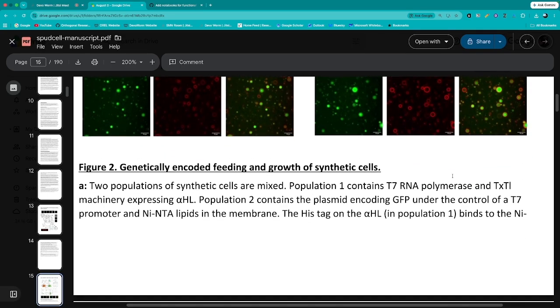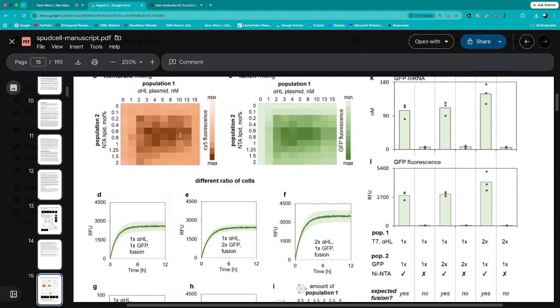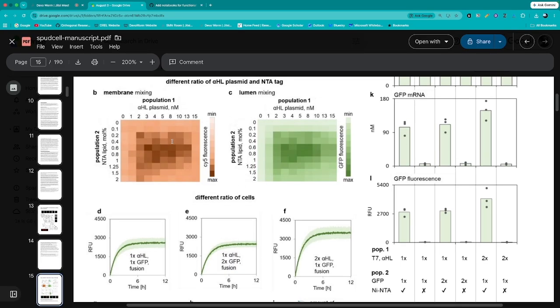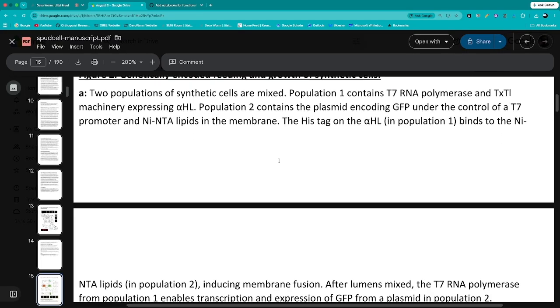And then these are the microscopy images here of the different cells in the population. So you have the red signal, which is cytochrome 5, and then the green, which is the GFP. So you have the two channels separated and then the two channels overlapped. So you can see that they're like that.